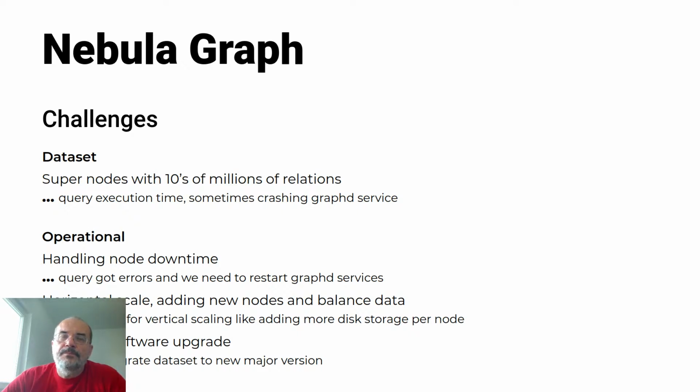There are some situations when you need to stop your services because there is a small unavailability of the GraphD services because of a metadata change, and it is not automatically synced, but that's also an area for improvement, and I think that the Nebula engineers are already working on that. In 2.5 it should be a little bit better.